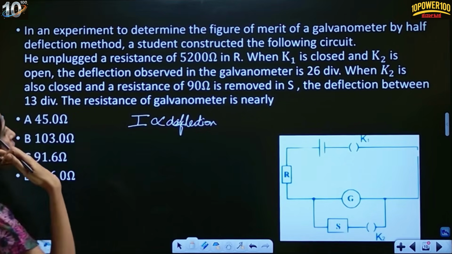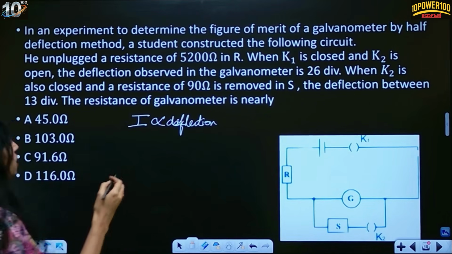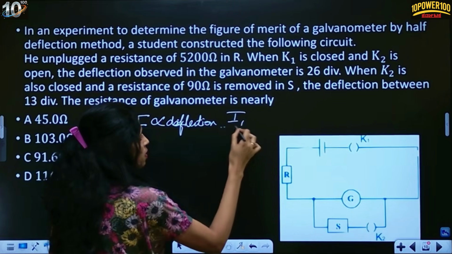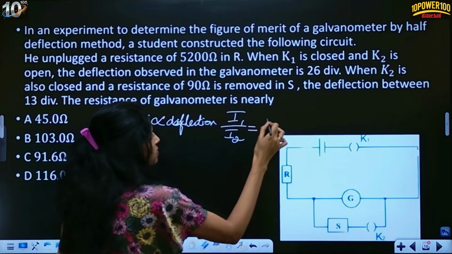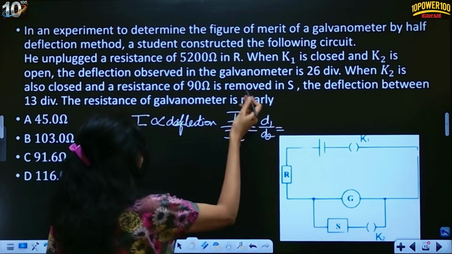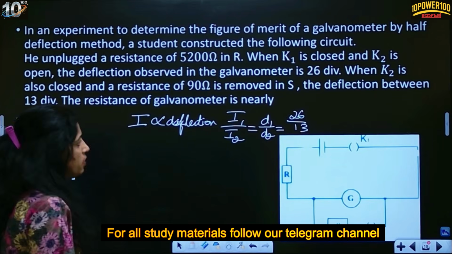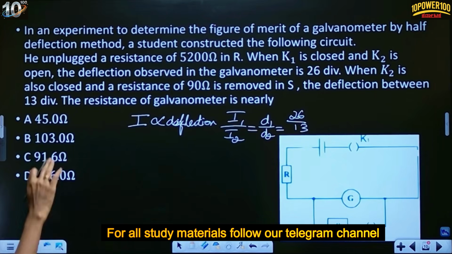You might have seen that the first deflection is 26, later you will get a deflection of 13. So I1 by I2 can be taken as deflection 1 by deflection 2, or theta 1 by theta 2 as many people write. So theta 1 by theta 2 is 26 by 13. So that's the deflection division.